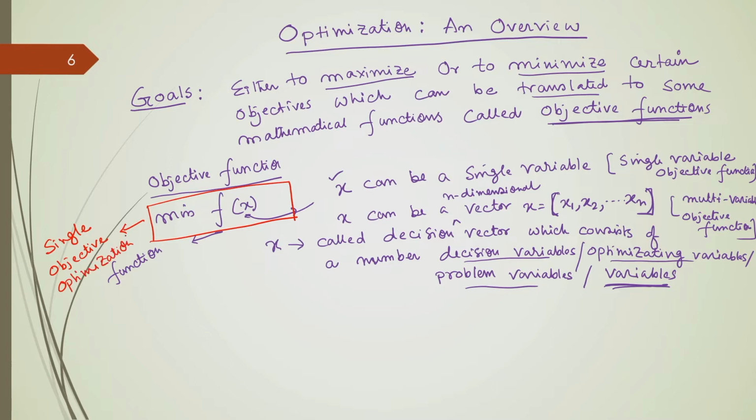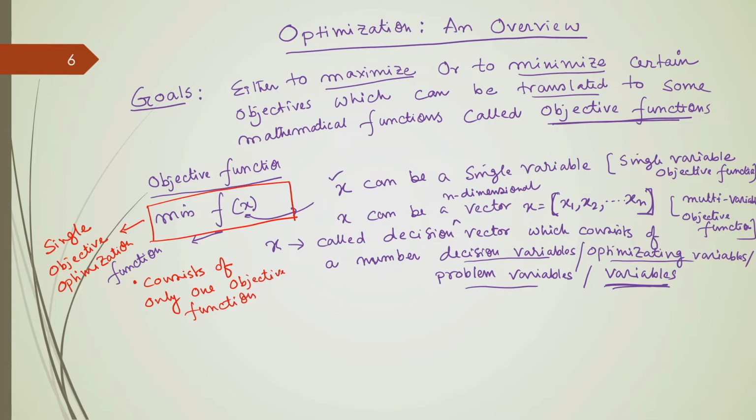So, if we have only one objective function which we need to maximize or minimize, we call that problem single objective optimization or mono objective optimization. So, single objective optimization consists of only one objective function.